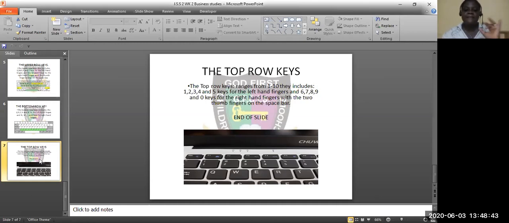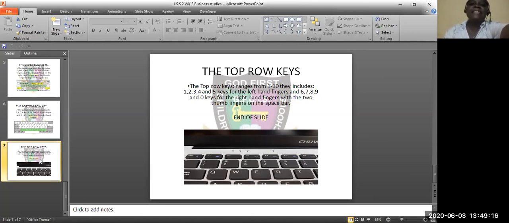The last finger of the left hand will be placed on 1, 2, 3, 4, and 5, while the right hand will be placed on 6, 7, 8, 9, and 0. So if you notice very well, you will discover that placement of fingers can be done really with your fingers.